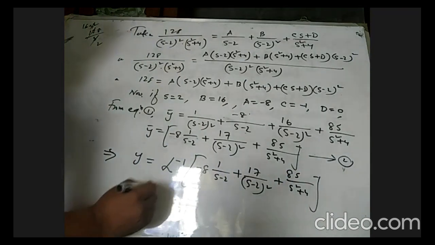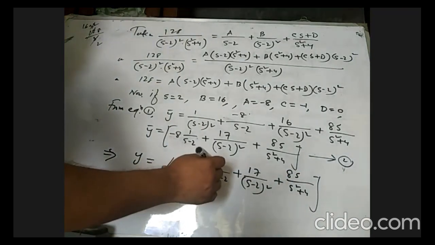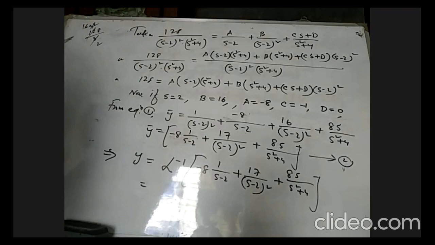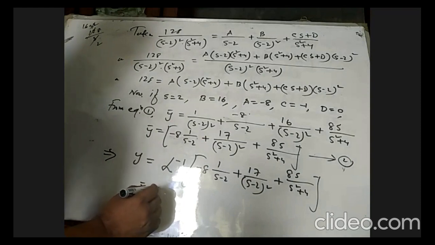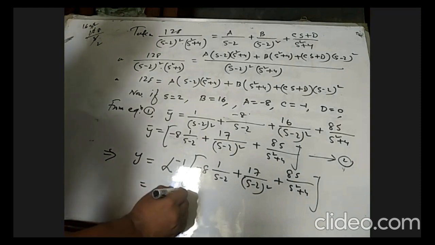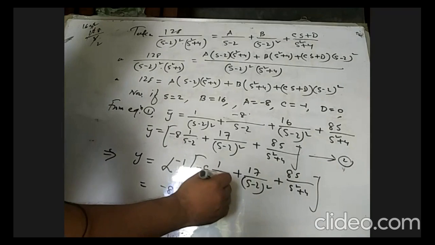The inverse Laplace transformation of 1 by (s minus 2) is e to the power at by formula, so minus 8 e to the power 2t, a means 2 here.